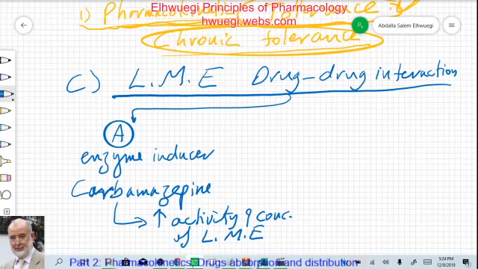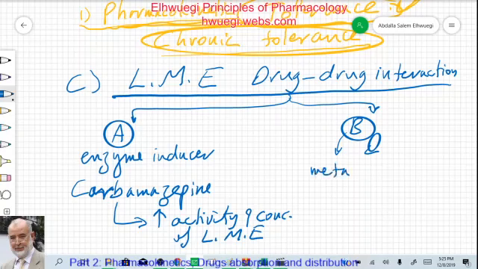Okay? Suppose during that time, while I was taking drug A, I start taking drug B. Suppose drug B is metabolized by the same enzyme.